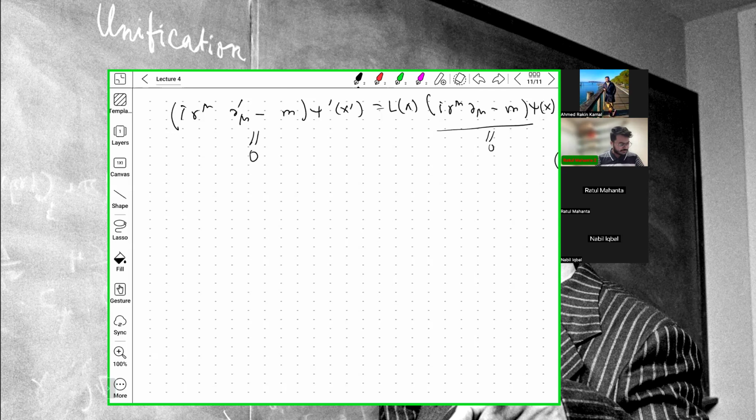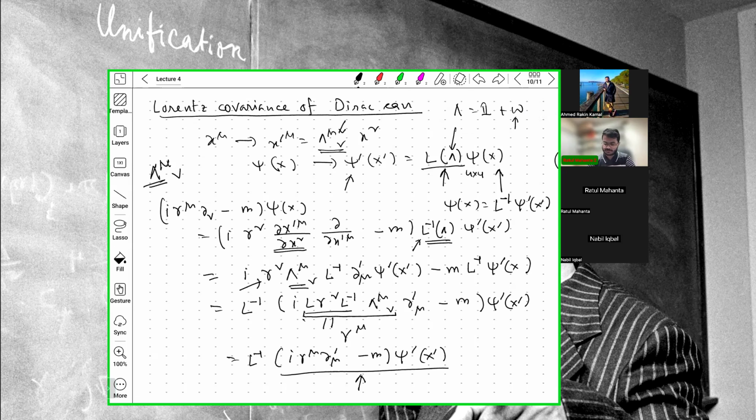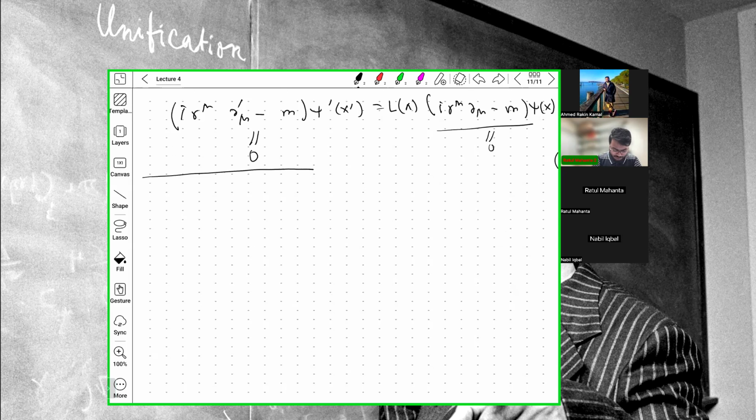So okay, meantime we got the required property on our representation matrix L. What is the property? This is gamma mu, lambda mu nu, L gamma nu L inverse should be equal to gamma mu, and this is an important property, and that should determine what these gamma matrices are.